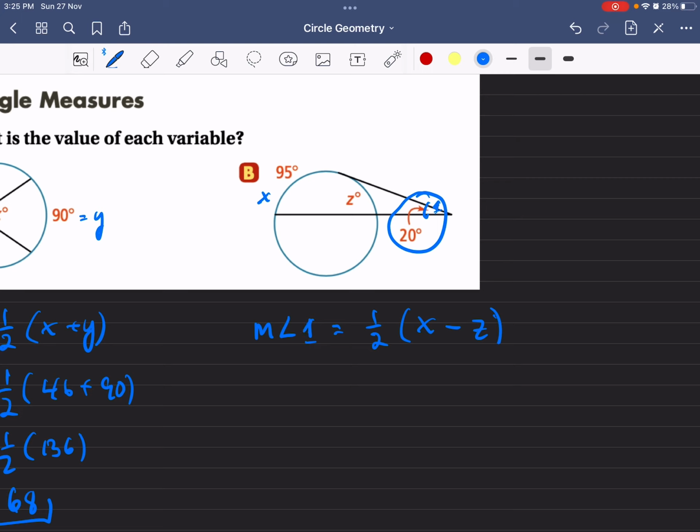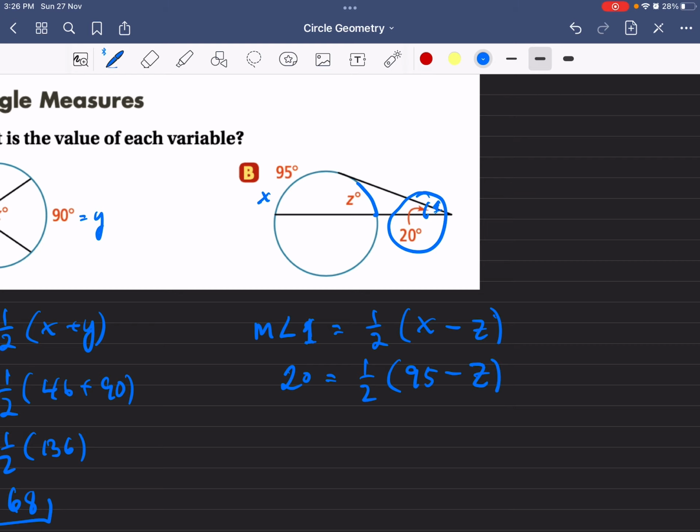So let's just plug that into our formula. The measurement of the external angle here, 20 degrees, is equal to 1/2 of 95 minus z, and we don't know this one, so just leave it as z.